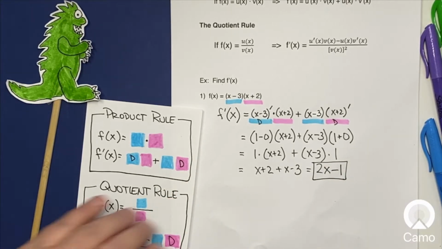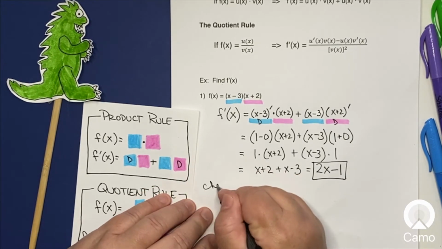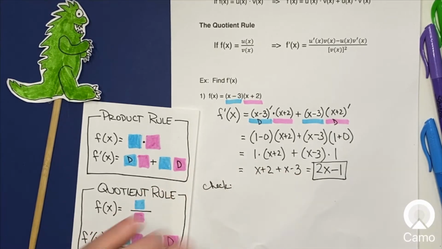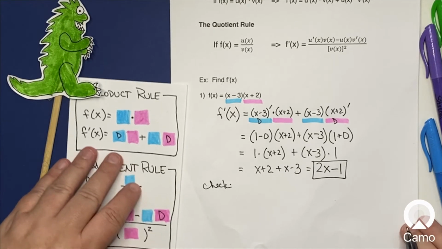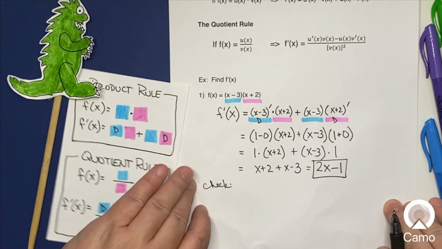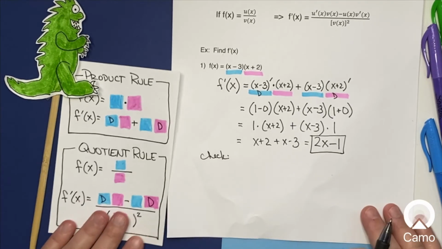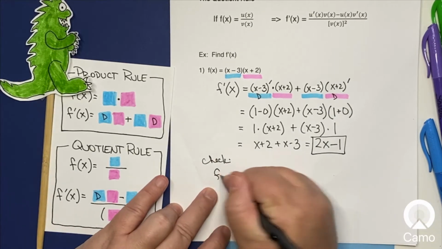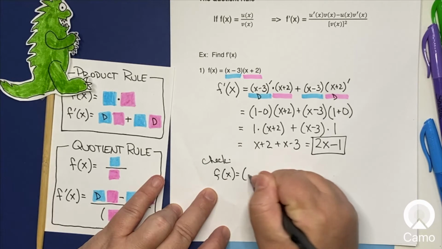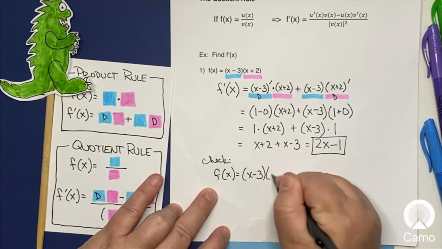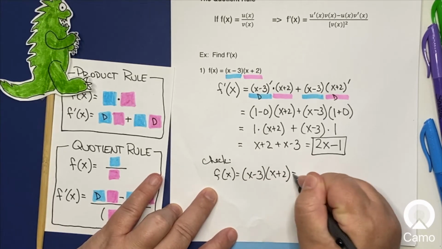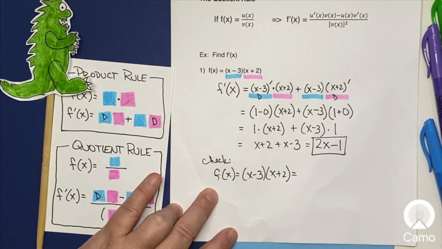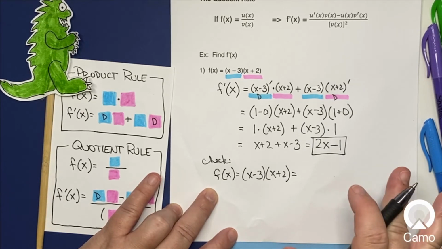So let us check this. Now, sometimes it'll be easy to check differentiation, sometimes it won't be. In this case, it's pretty straightforward. And how am I going to check it? Well, what I could do is I can take my original function, x minus 3 times the quantity x plus 2, and multiply it out using FOIL. So this is just a regular old function.